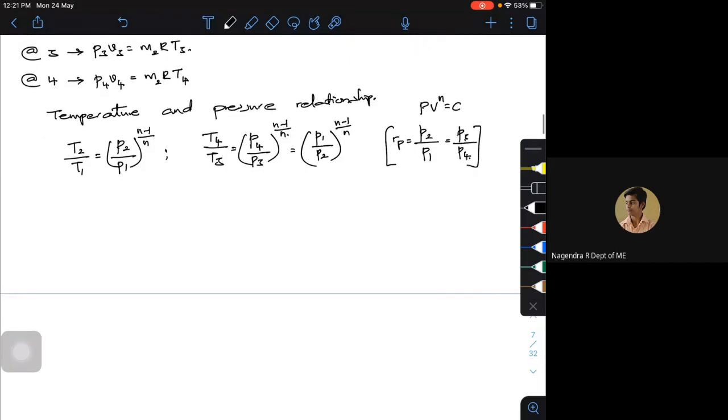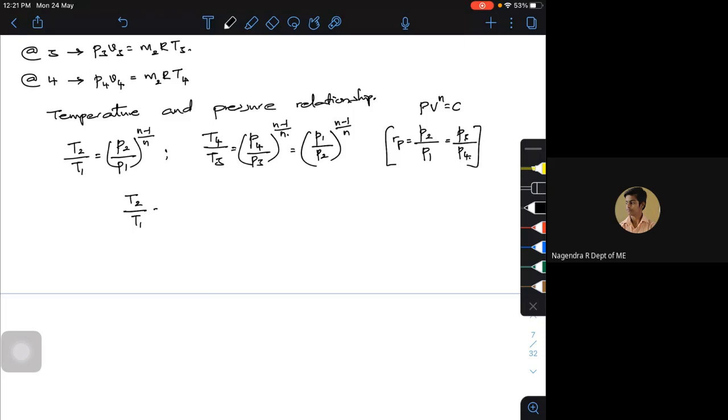From here, I can combine this equation. I can write T2 by T1 is equal to T3 by T4. This equation is P2 by P1, so for T3 by T4, I have to write 1 upon this particular thing.